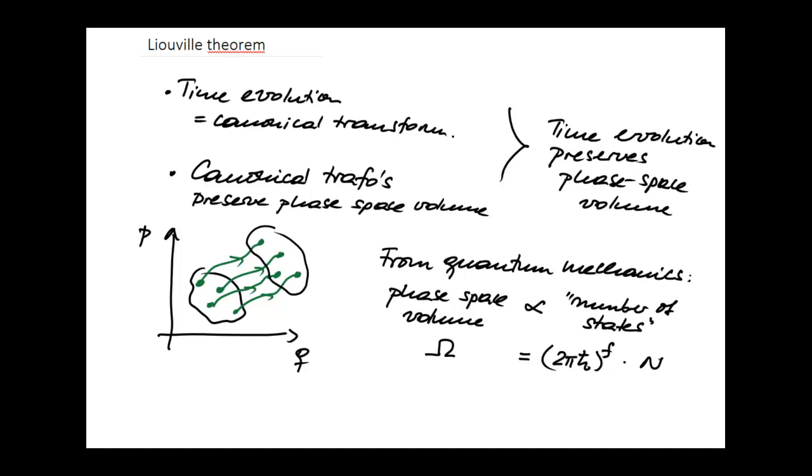So the fact that under time evolution phase space volume is conserved, you can interpret physically as the statement that the number of different states is conserved under time evolution. That's a result that will play a role later in statistical mechanics. So here you have an important link to statistical mechanics and also to quantum mechanics.